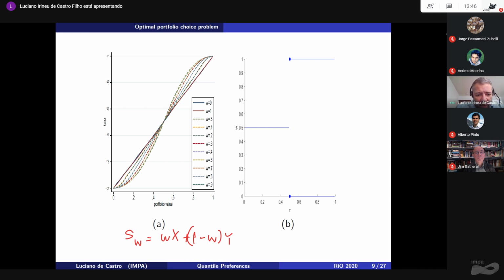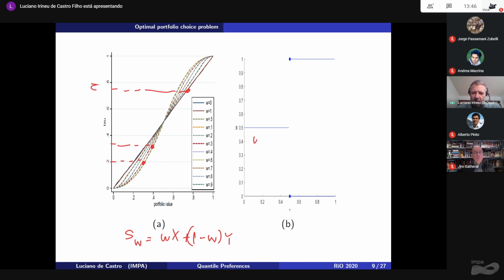You see the one that is here, it's w equals 0.5. So if you have a low tau, you get exactly this because it gives the higher quantile. However, if you are this kind of tau maximizer, then you go for one of the others.